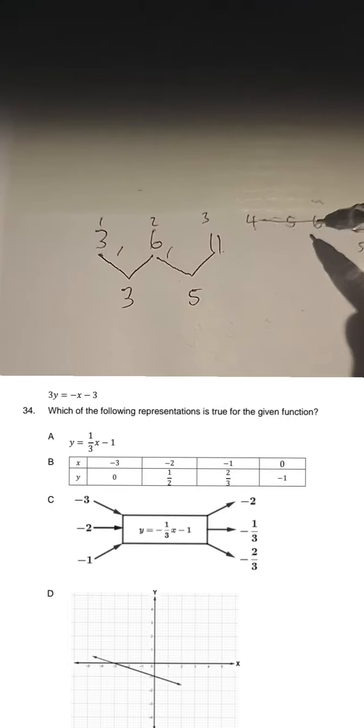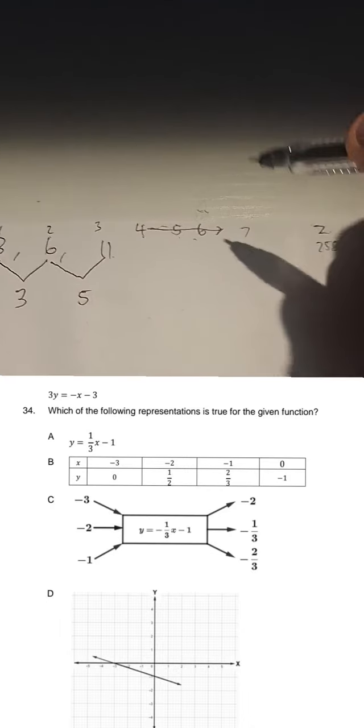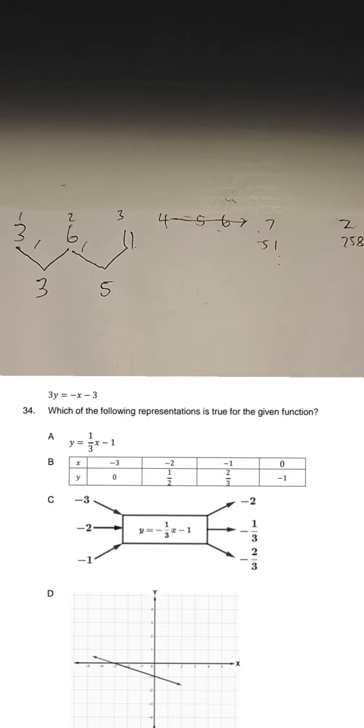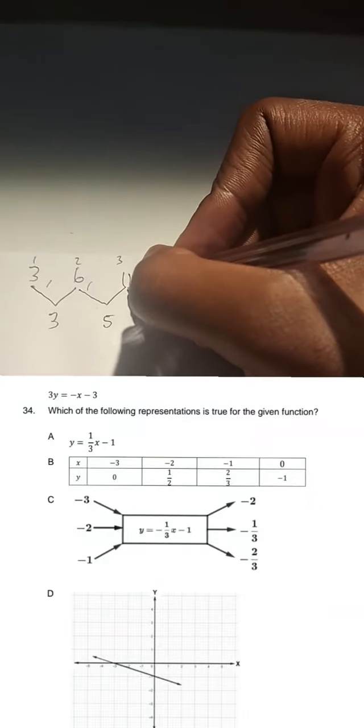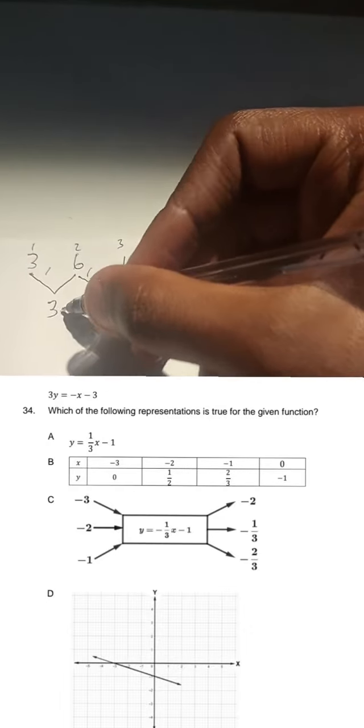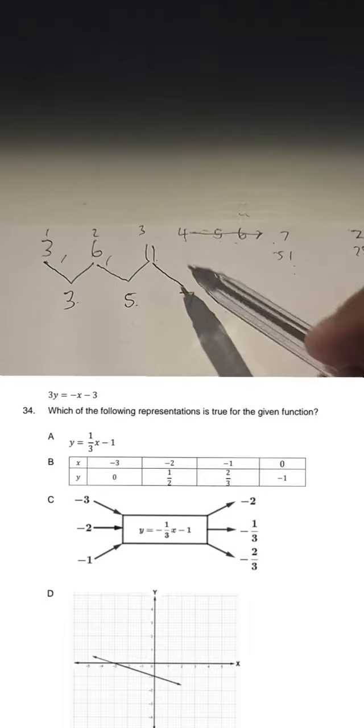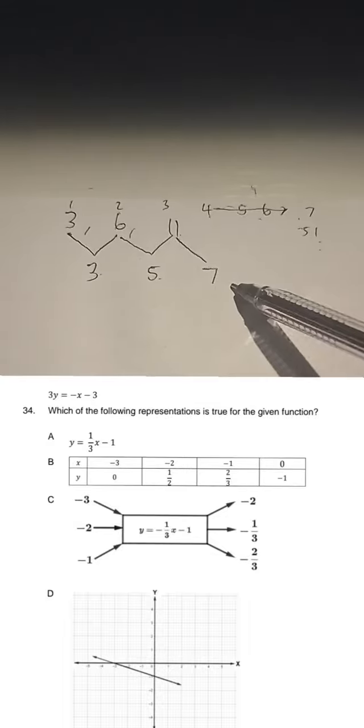Then if we look at the 4th, 5th and 6th terms, we know that the 7th is 51. If we are going in the same pattern, the differences are 3, 5, and we're expecting 7. We are going up in 2s.